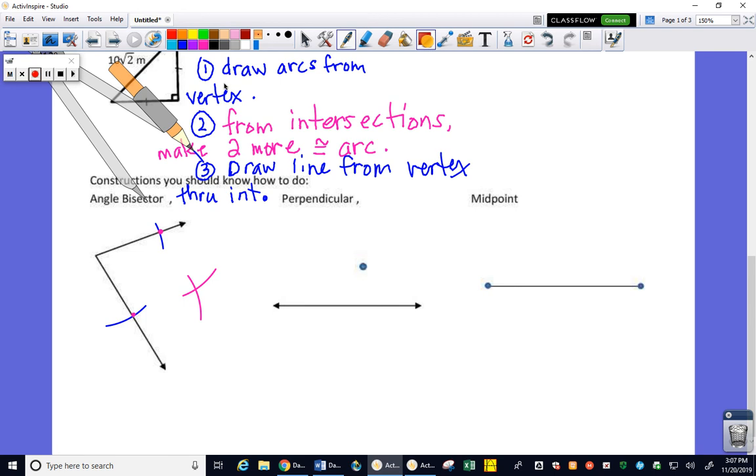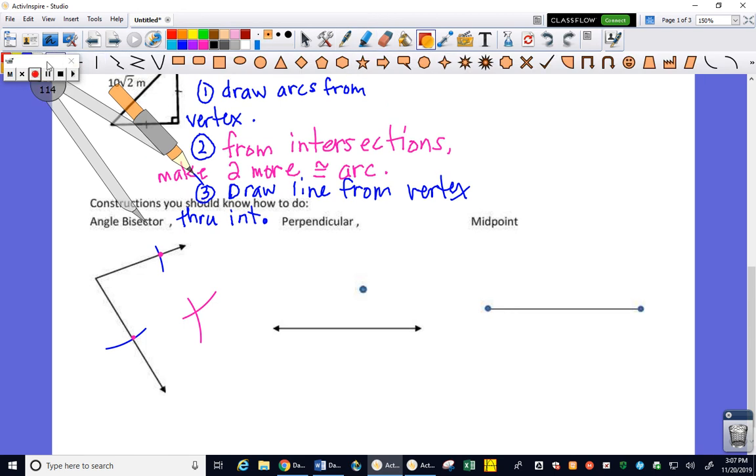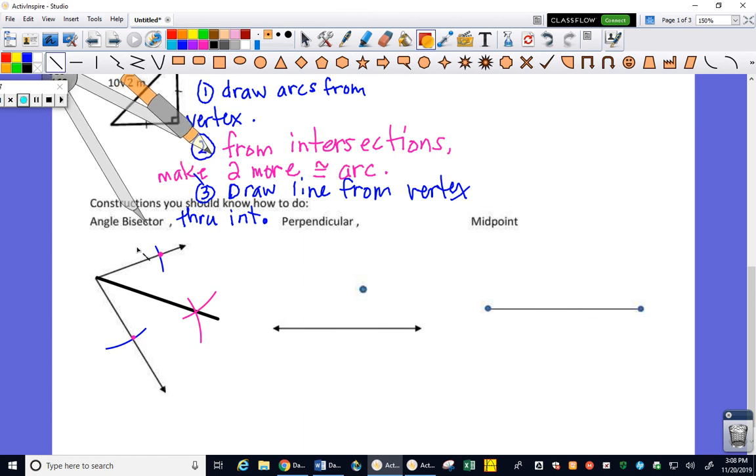Okay, so we take a line, from the vertex through that intersecting point. Because all of these arcs are congruent, that guarantees us that that line is right through the middle. So that's how we construct an angle bisector.